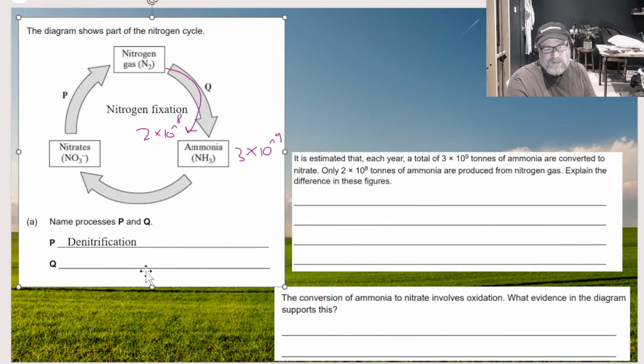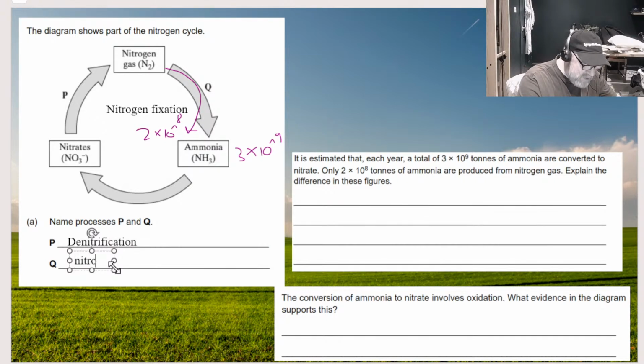So reading this question carefully, denitrification is the correct answer for P. But when we look at Q, ammonification will not be accepted here. At first I was thinking the formation of ammonia is ammonification, and it can also be nitrogen fixation. But Q is directly saying from nitrogen in the air to ammonia. That means the only possible answer for process Q is nitrogen fixation.